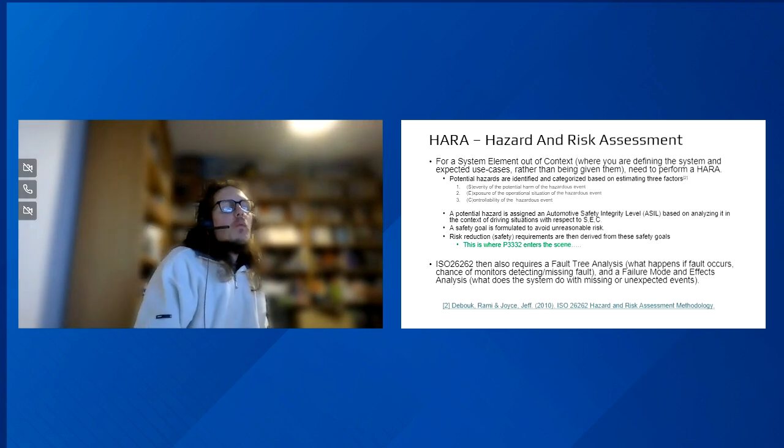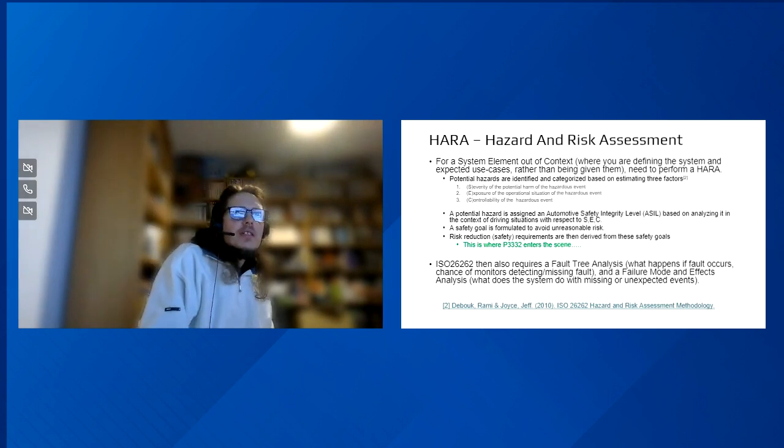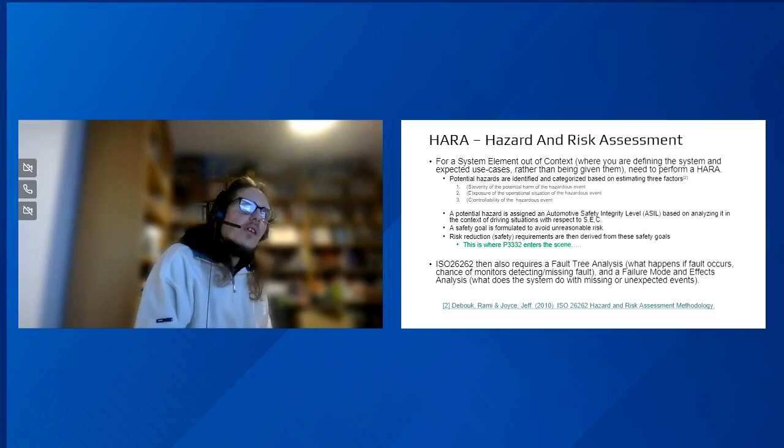So when you are following the processes in ISO 26262, one of the first things it asks you to do is a hazard and risk assessment, which is more commonly known by the acronym HARA.